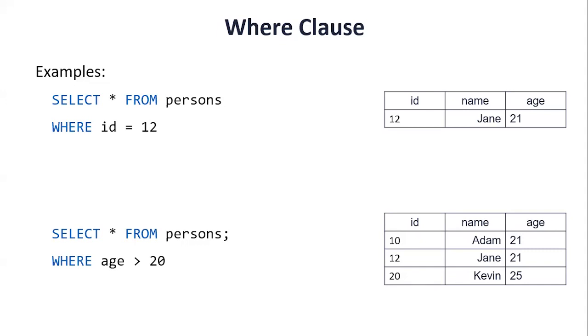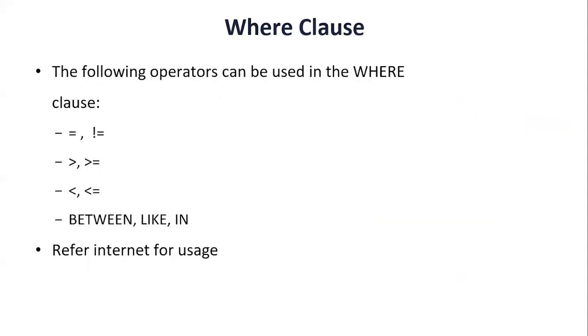where the records have an age value greater than 20. So we can use these operators with the where clause: equal and not equal sign, greater or greater than equal, less than and less than equal, and also this between, like, and in commands.